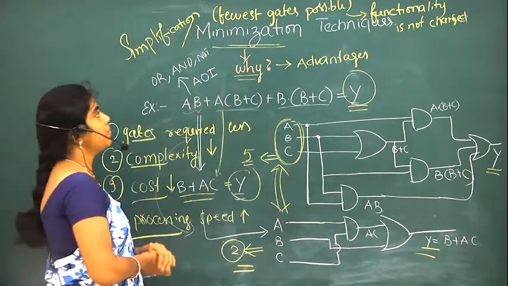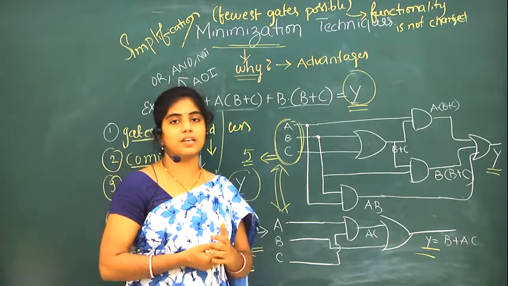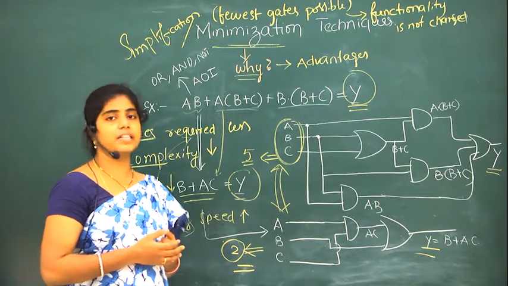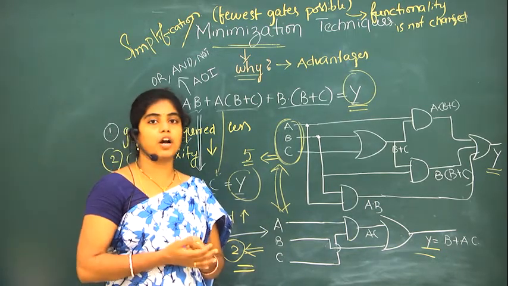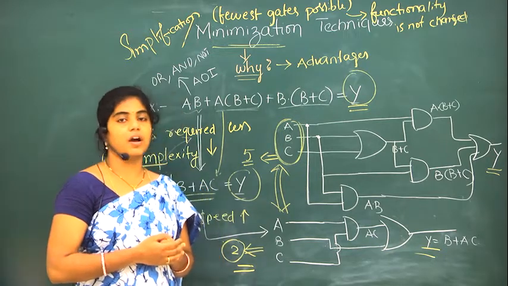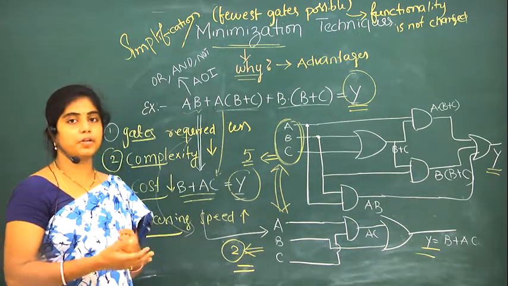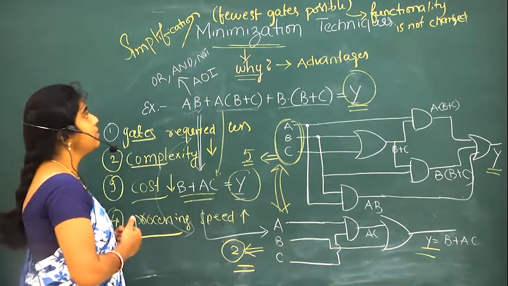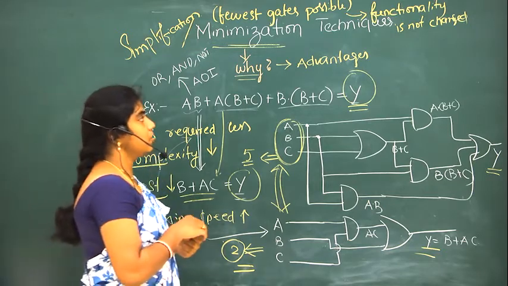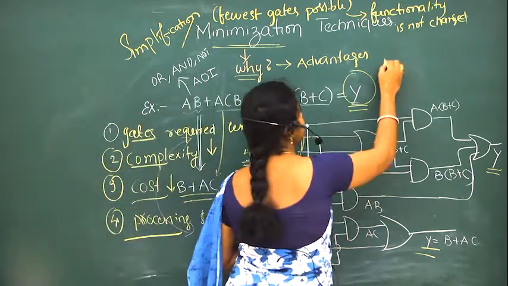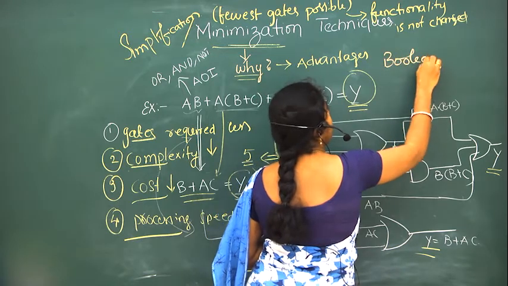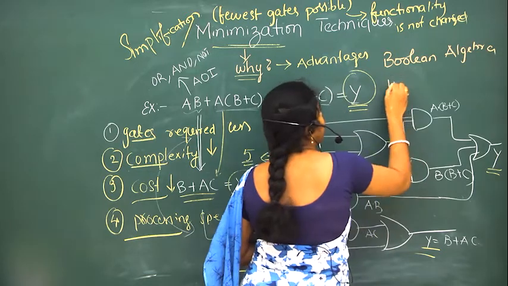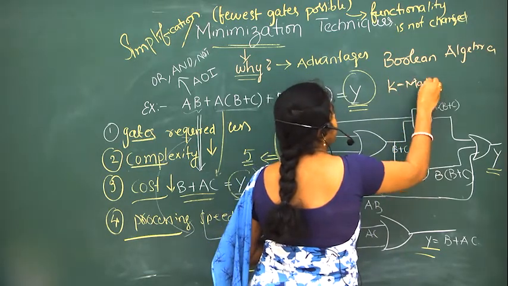While going for minimization, there are certain techniques to minimize a Boolean function. Those are Boolean algebraic minimization, and then K-map or Karnaugh map minimization. After that, we also have some computerized techniques to minimize a given expression. But in our course, we are going to discuss minimization of a Boolean expression by using Boolean algebra, and also the K-map or Karnaugh map technique.